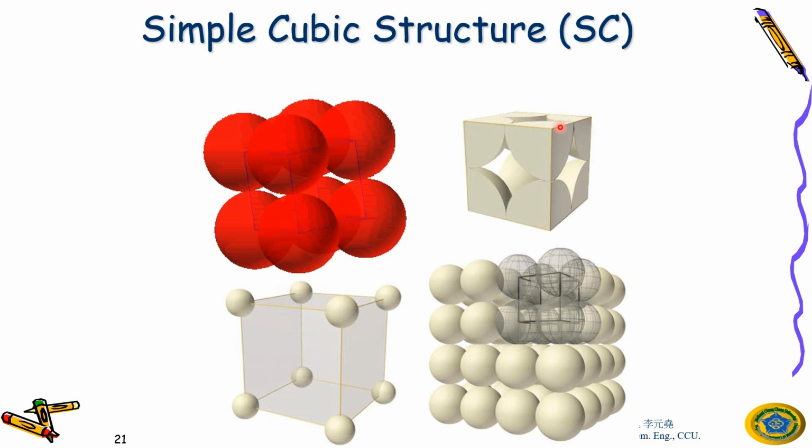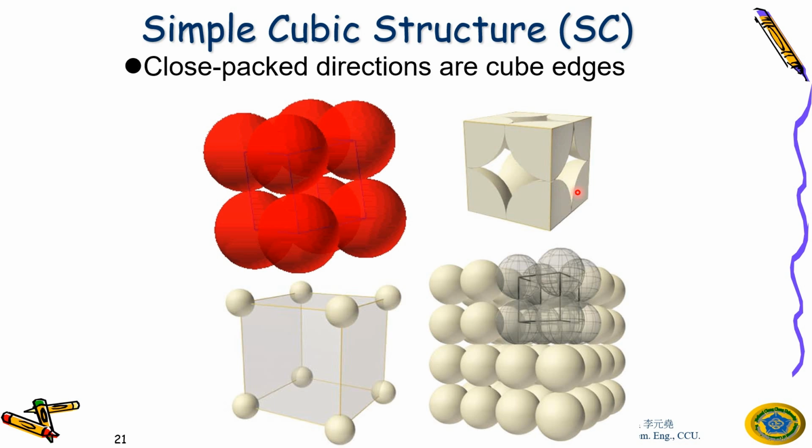You have 8 corners. So each corner will have 1 atom. This is a simple cubic structure. And this is a reduced sphere model. This is a sphere model, right? Half sphere model. This is the reduced sphere model. Okay, and this is a unit cell, right? Because you can use this unit cell to repeat.